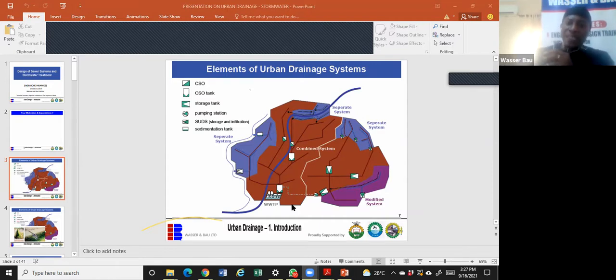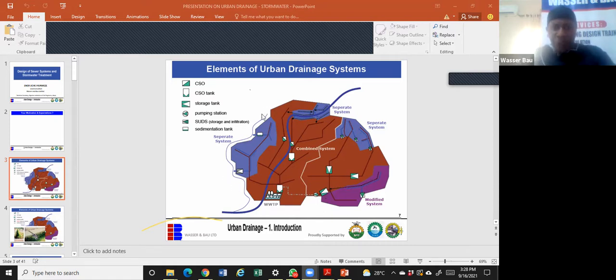When it's getting towards the treatment plant, there will be a diversion structure that will take it to a combined sewer overflow tank. Some of us might not have seen some of these things physically because these are what they use in advanced countries to retain stormwater. Then the sediments will be separated from the clear water so that they will not empty it into the river, so that the fish and the aquatic animals will not be affected. So that's what you have here.